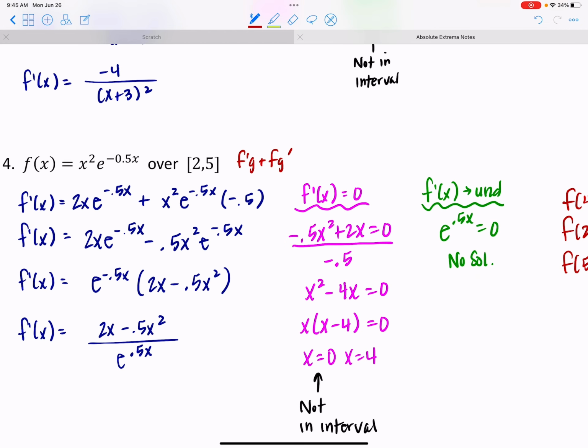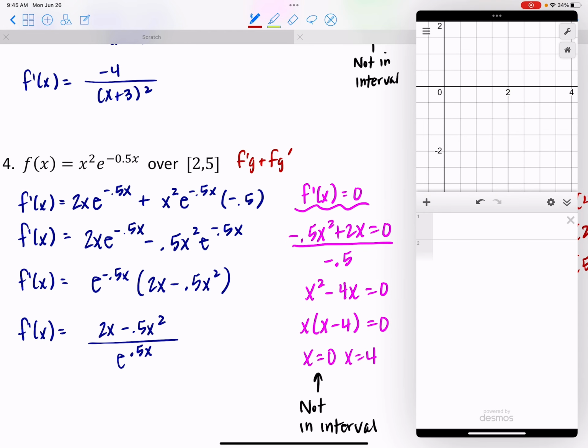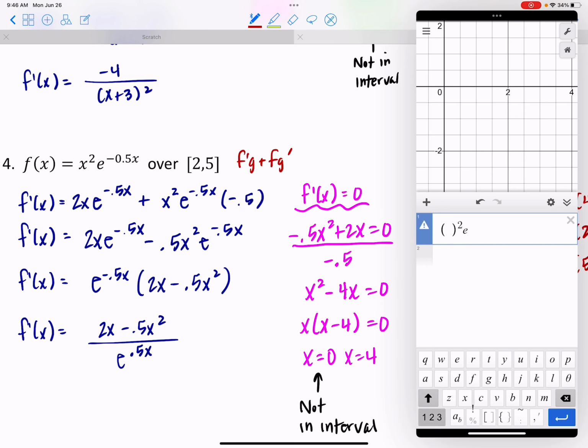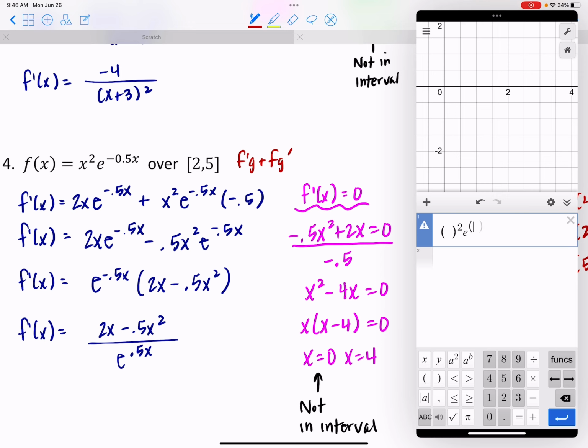And I'm going to do this work in my calculator. So I'm going to put in my x squared and then e raised to the negative 0.5 times x.